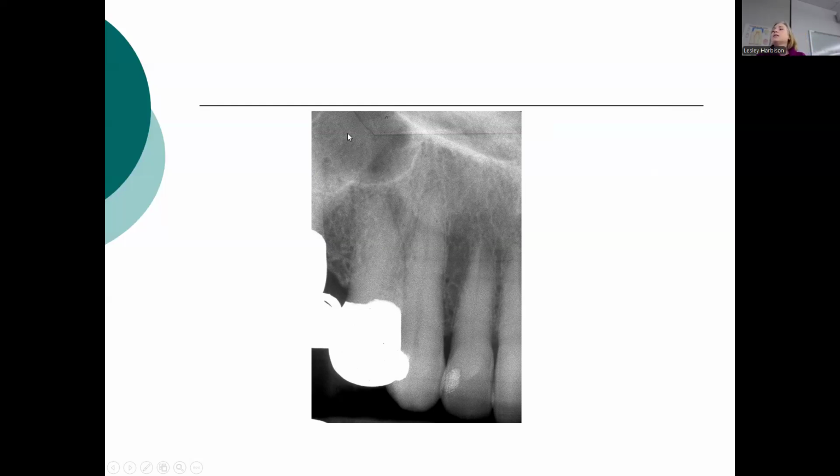Maxillary sinus, floor of maxillary sinus, and then what would be up here? Floor of the nasal fossa, and then what do we have in between here? Lateral fossa. Good. And then the whole thing in general is just called the inverted Y.